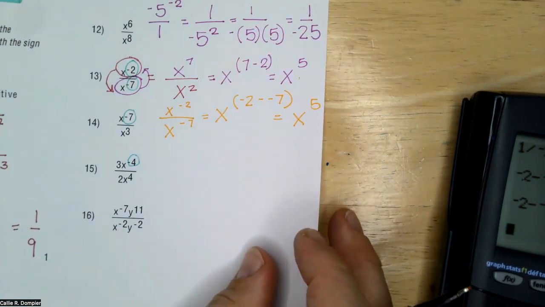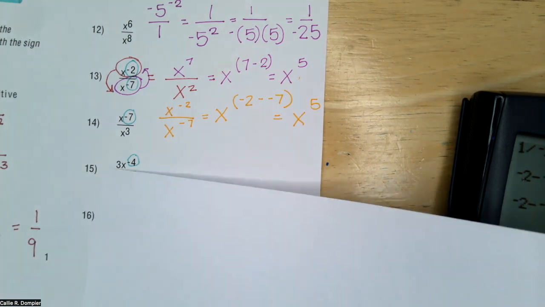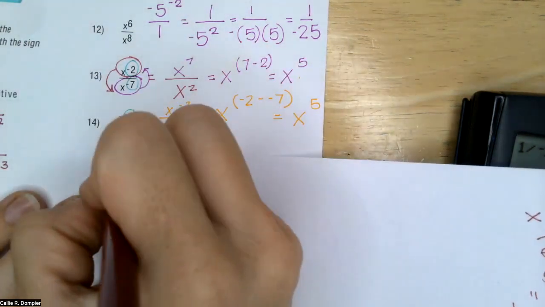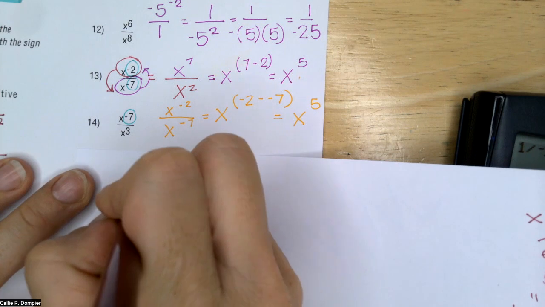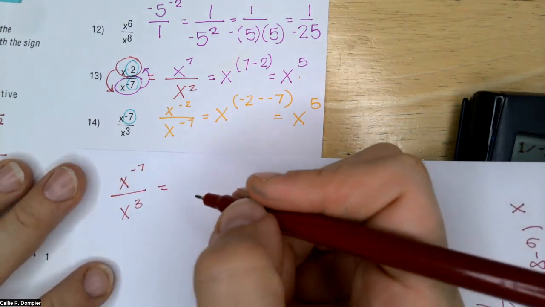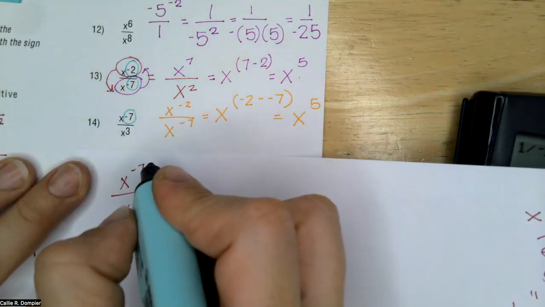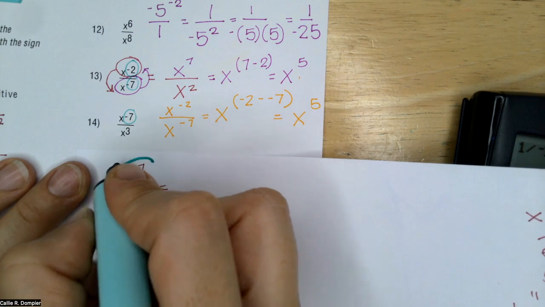For 14, only the top of the fraction, only the numerator has a negative exponent. So 14 is x to the negative 7th over x to the 3rd. You need to, as your first step, move. I mean, no, you can do it a different way.